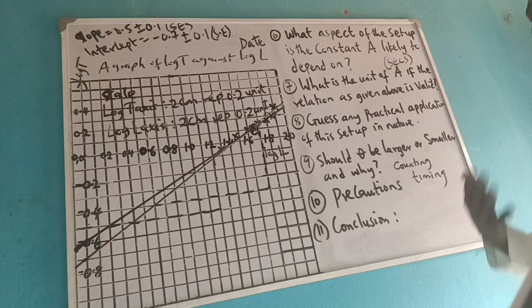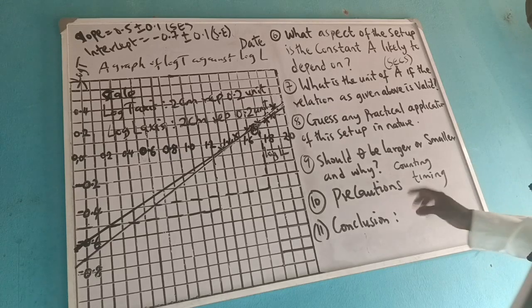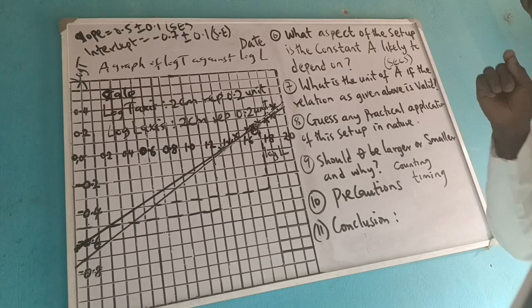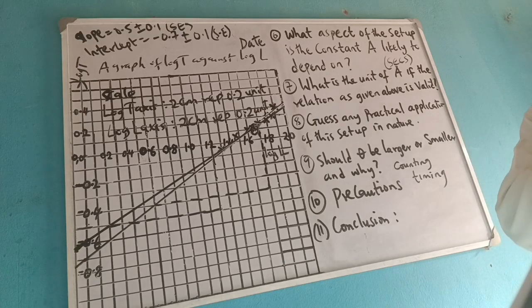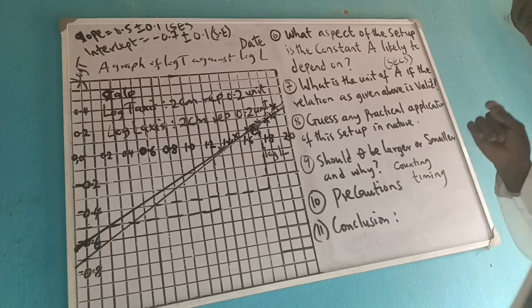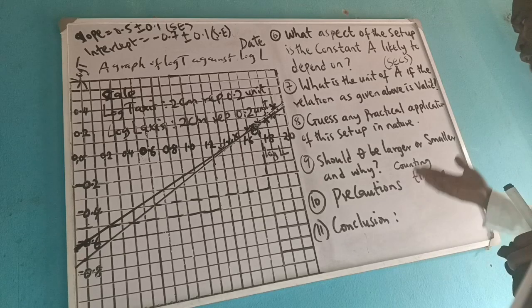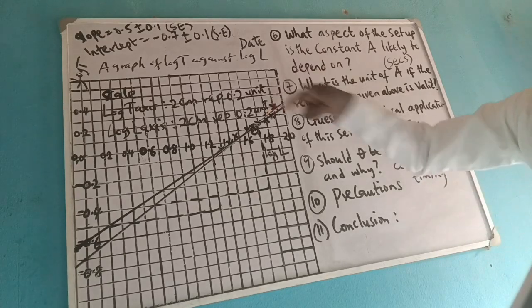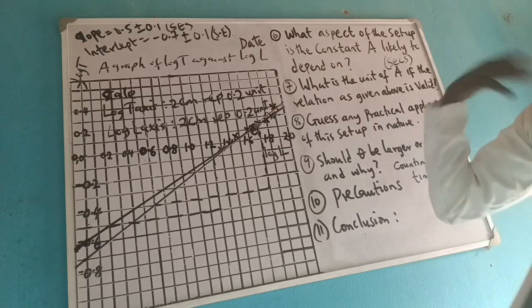Okay, care was also taken while performing the experiment by ensuring that the windows and the doors are locked to minimize or to avoid air resistance. If you do not avoid air resistance, it can have effects on the displacement, either increase it or decrease it.